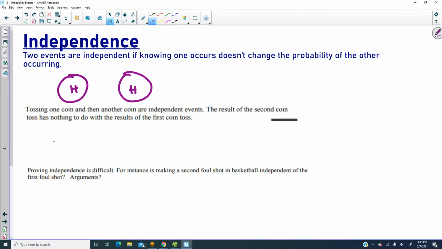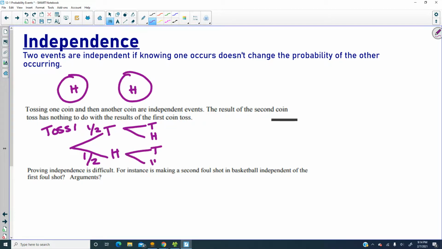Well, let's make that tree diagram. Toss one: two things could happen. I get a tails or a heads. The probability of getting a tails is 1/2, and the probability of getting a heads is 1/2. Now, if I get a tails, on my second toss I could get a tails or a heads, or another tails or a heads.